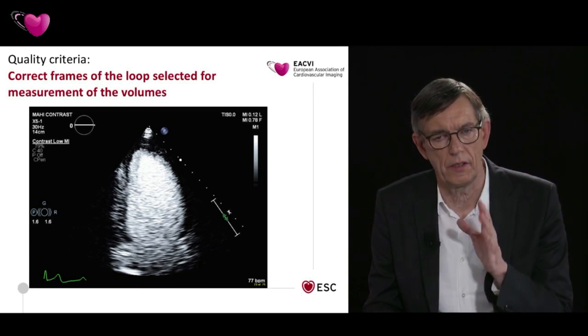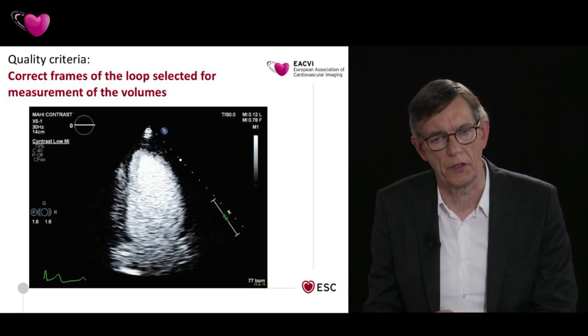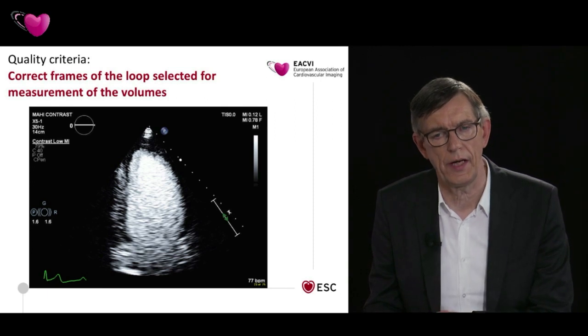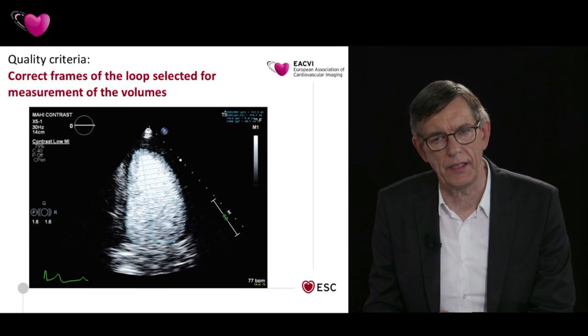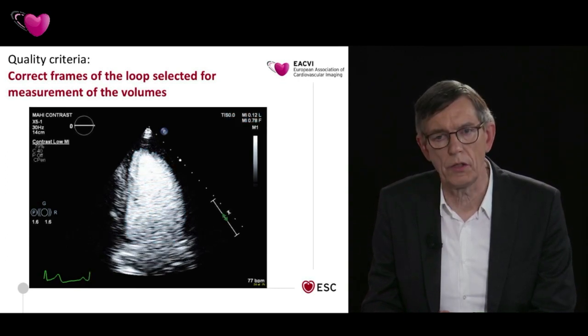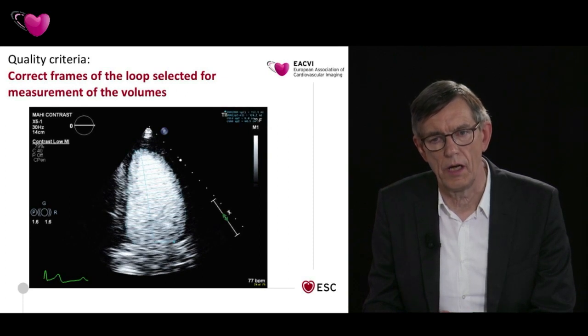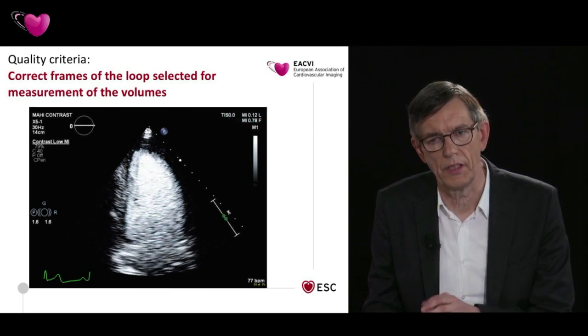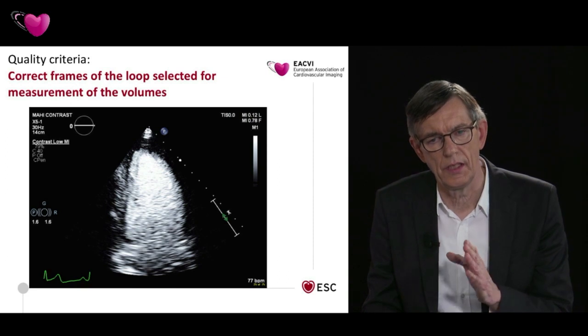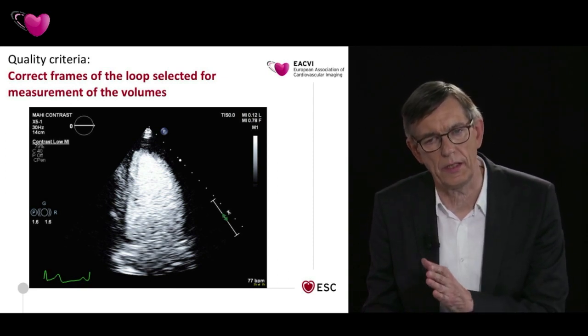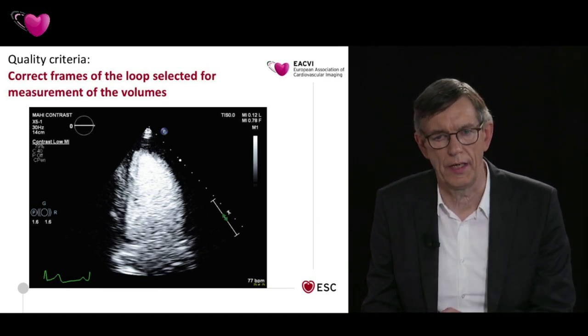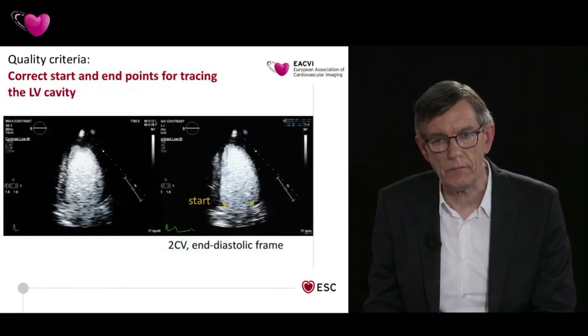But the first frame is not always the end diastolic frame. So this is the end diastolic frame of the loop. And now see, if I move forward, it's getting a little bit larger, and then it's getting smaller if I go further. And you toggle between these frames forward and backward sometimes to find the right frame. So in this case, it's very close, but there is a difference, and that can make an error if you do not identify the correct frame.